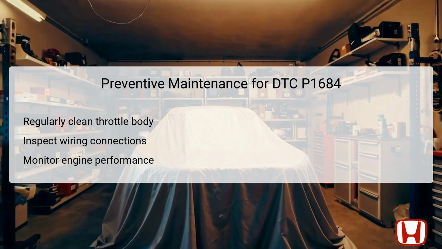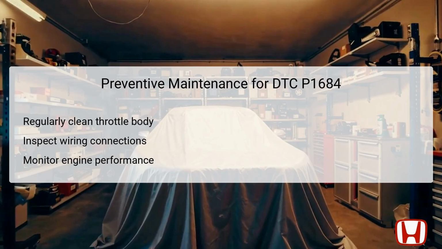Start by incorporating routine cleaning of the throttle body to eliminate carbon buildup and other residues that can impair the system's functionality. Additionally, regularly inspect the wiring connections to the throttle body and the ECM to ensure they remain secure and free from corrosion.